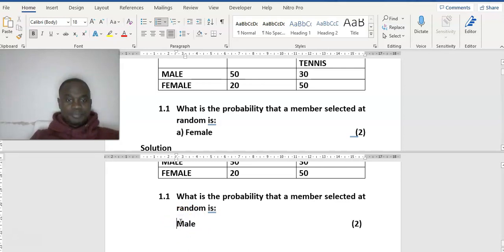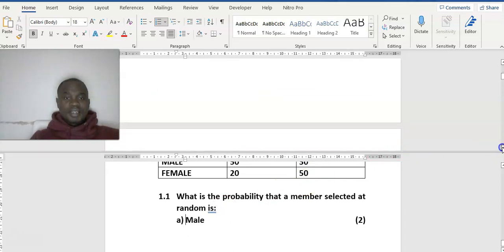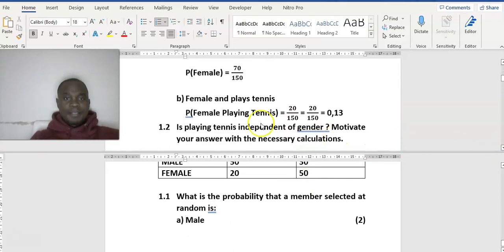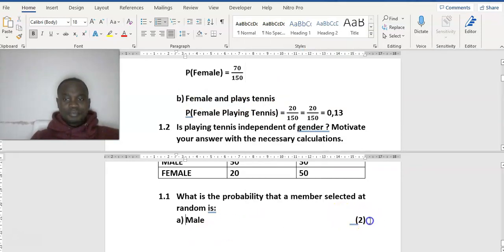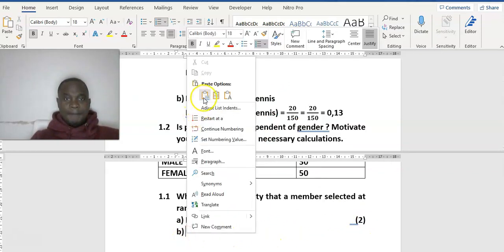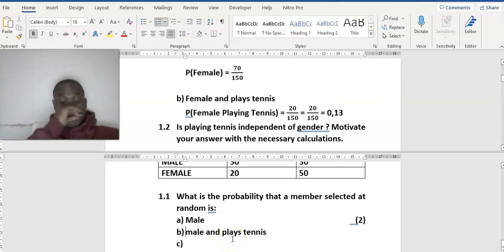The first one, A. Then the second question, this time it's not a female, it's a male, and plays tennis.